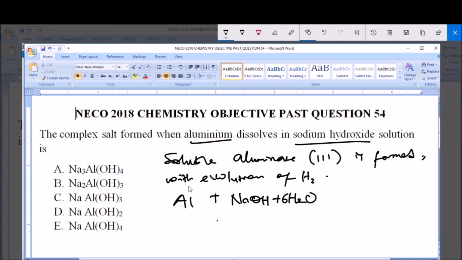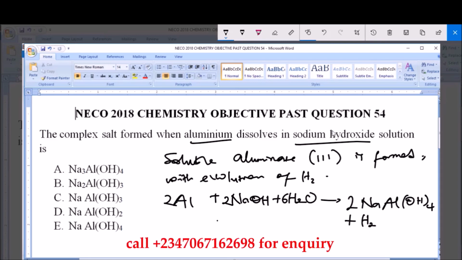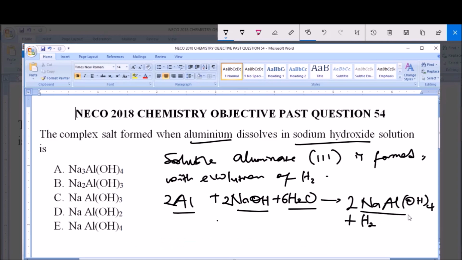So we require 2 moles of aluminium to react with 2 moles of sodium hydroxide, and this will give us 2 moles of soluble aluminate(III), which is Na[Al(OH)4], plus the hydrogen gas. This reaction is also the same for potassium hydroxide. So aluminium will react with sodium hydroxide in the presence of water to give us the aluminate(III) and also liberate hydrogen gas. And if you can see, this is option E.